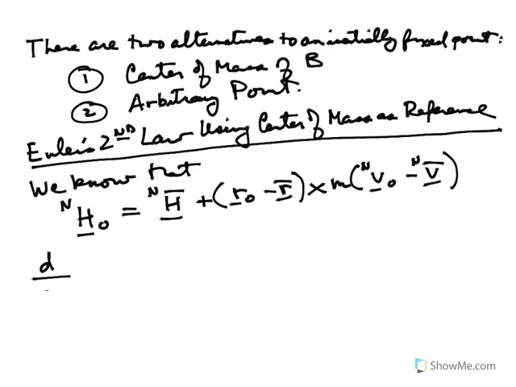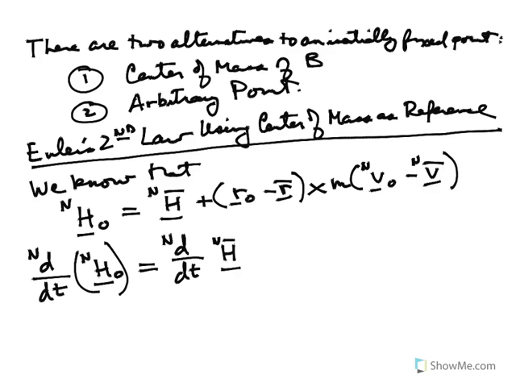So we know that the rate of change in the inertial frame of the angular momentum relative to O in the inertial frame is equal to the rate of change in the inertial frame of H bar N plus the rate of change of the second term.